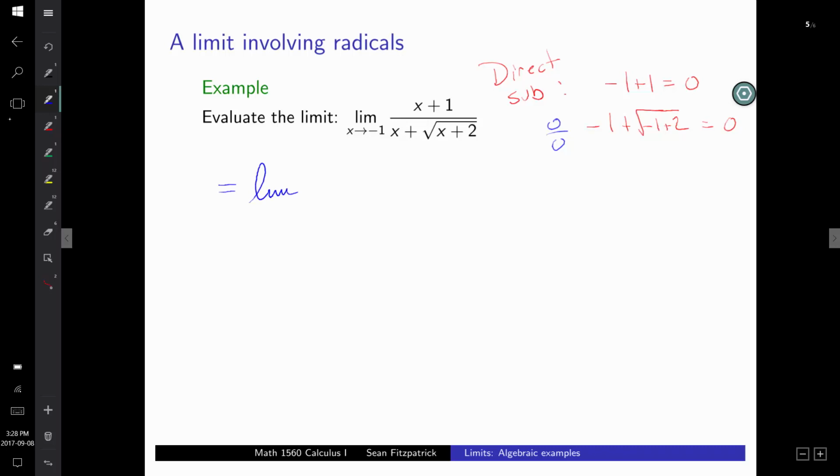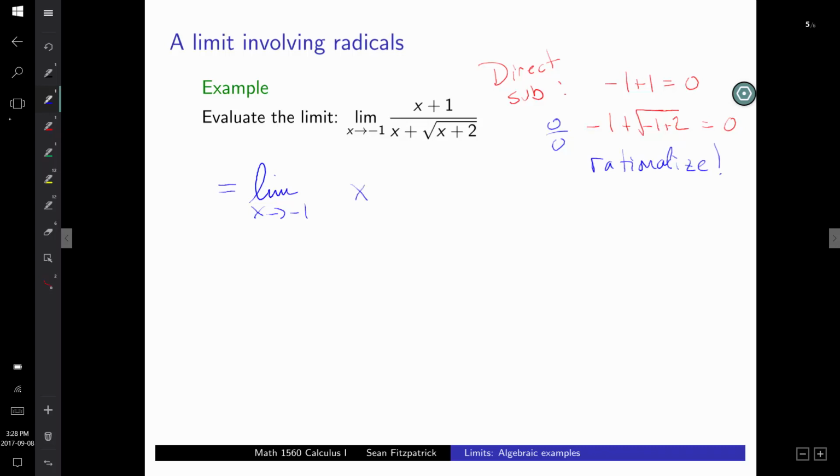And again, notice I'm writing this limit sign on every step. One of the tricks that you can use when you have a 0 over 0 limit involving radicals, if there's a square root involved, is to try rationalizing the denominator. So how does that work?